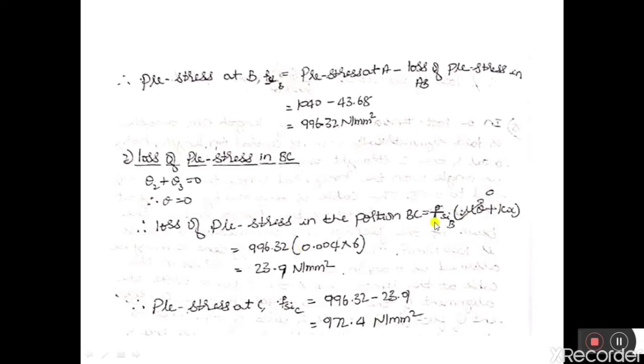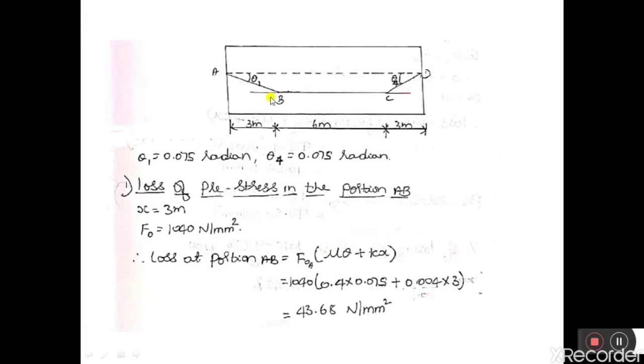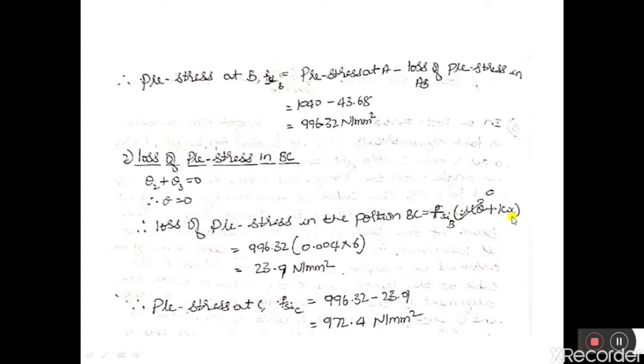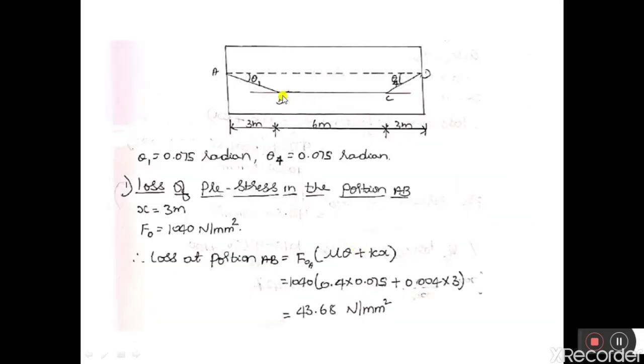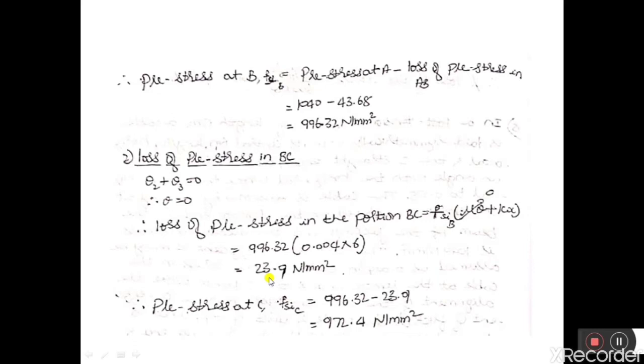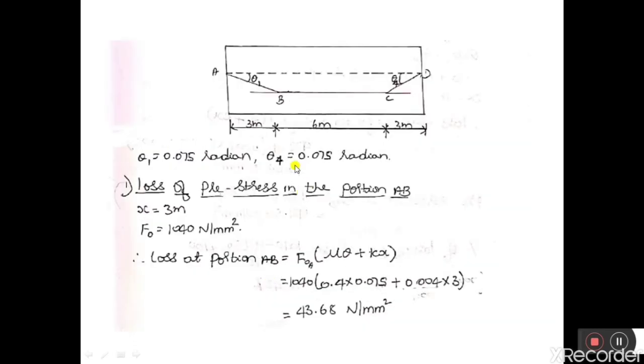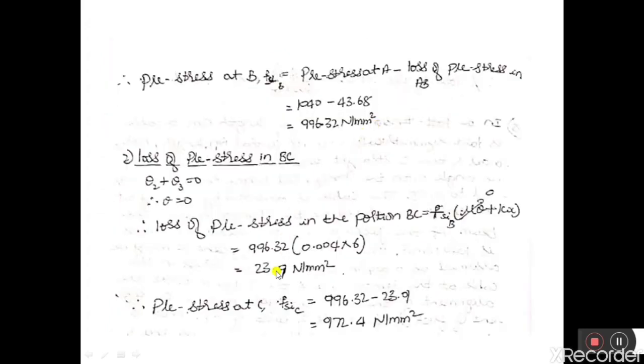Therefore it is 996.32 into K, which is given as 0.004 per meter, into 6, the length of the span between B and C. Here X is equal to L because the cable is pulled from only one end, so X is equal to 6. Therefore the loss occurring between B and C is equal to 23.9 Newton per mm square.